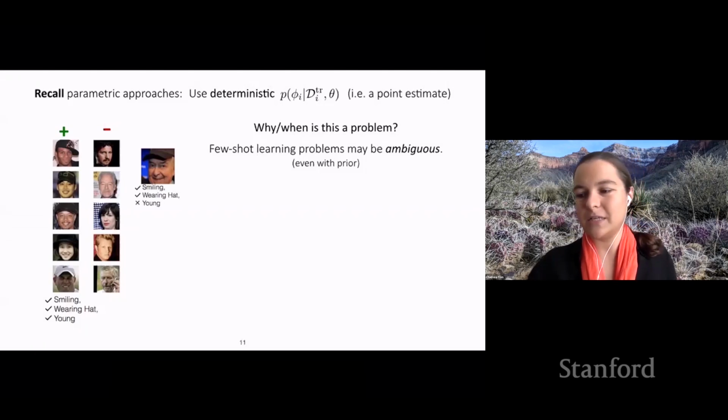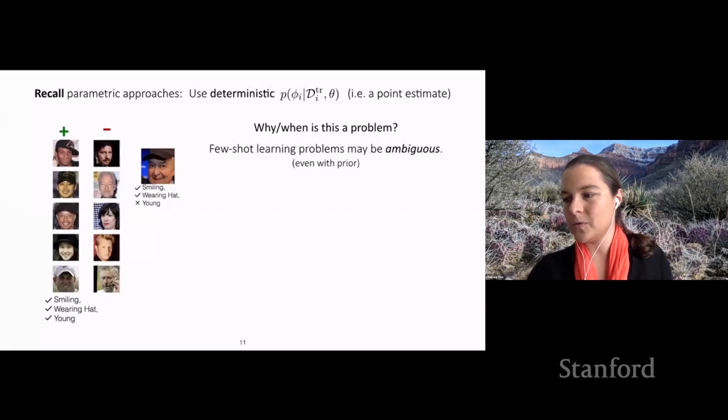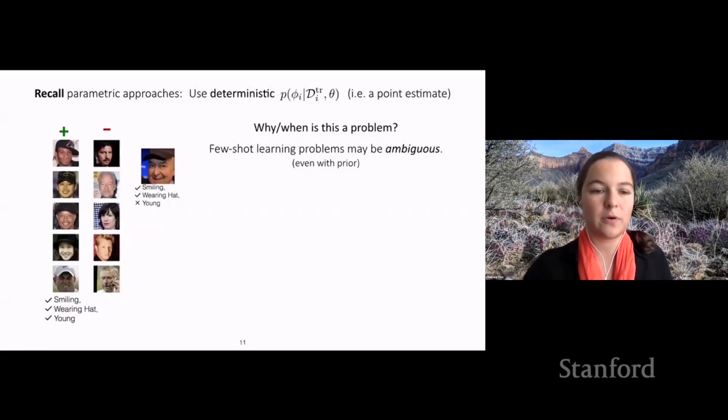You don't know if this classifier is intended to discriminate on age or on these other attributes. So in cases where the problem is ambiguous, it would be nice to be able to represent our uncertainty about this classifier, and as a result, our uncertainty about this test image.